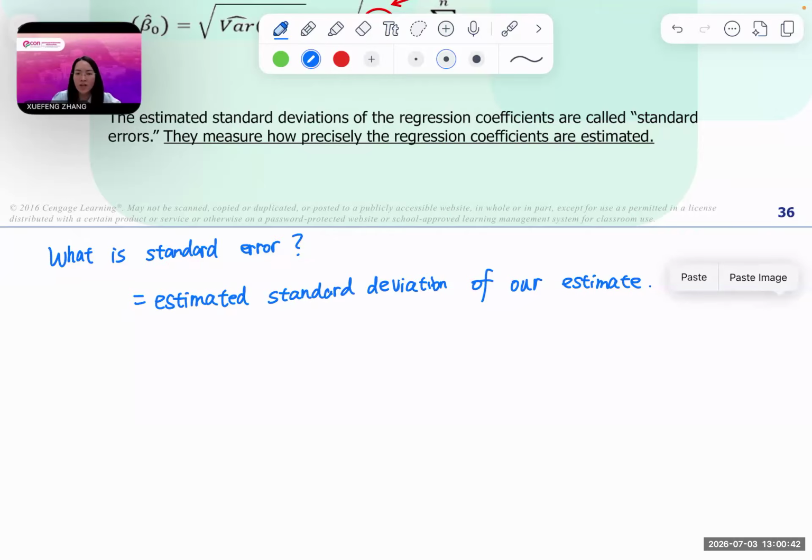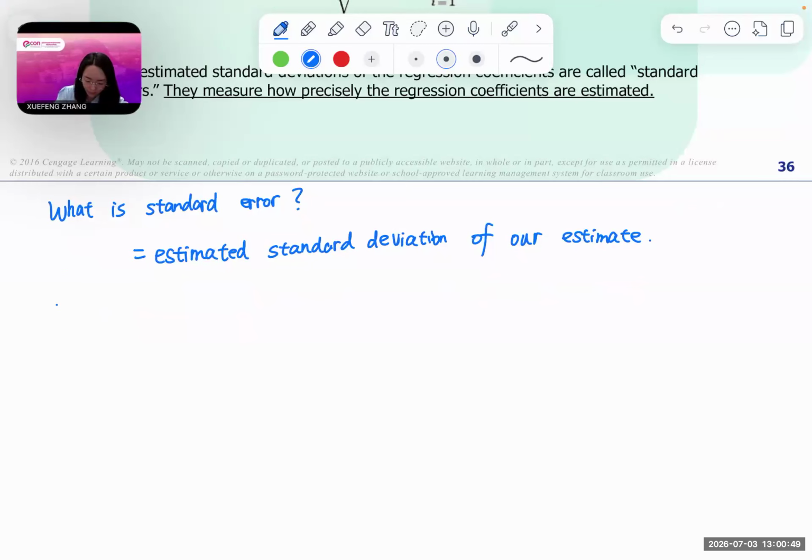It tells us how much beta 1 hat typically jumps around from sample to sample.